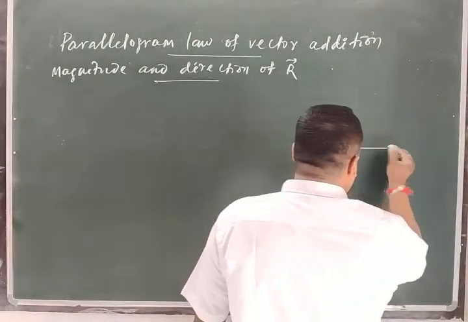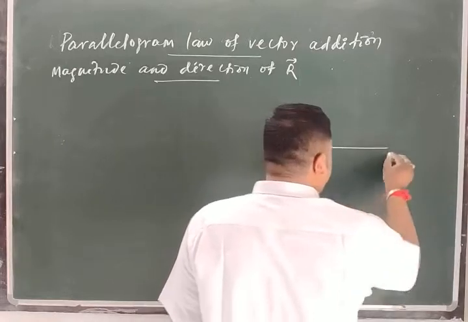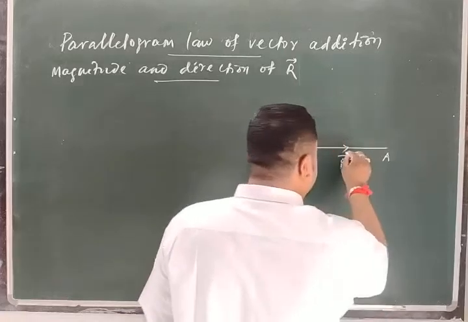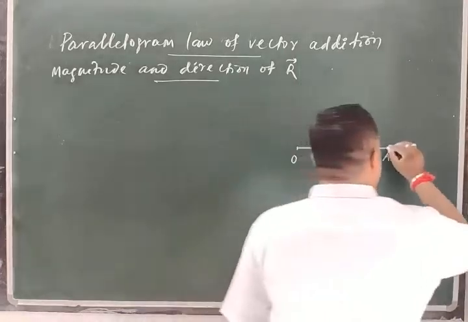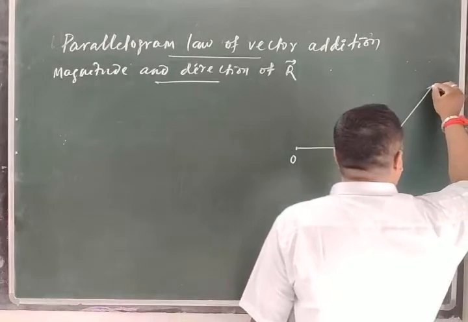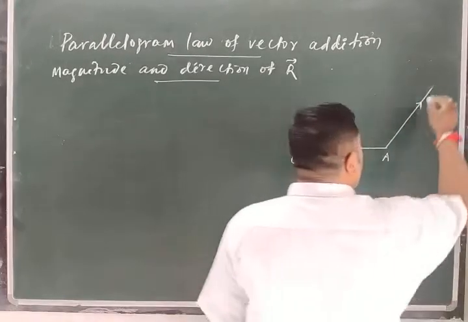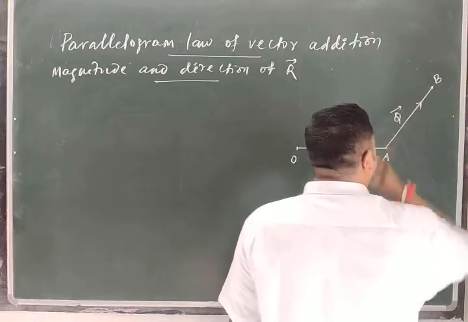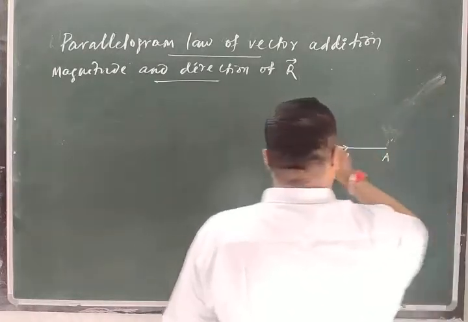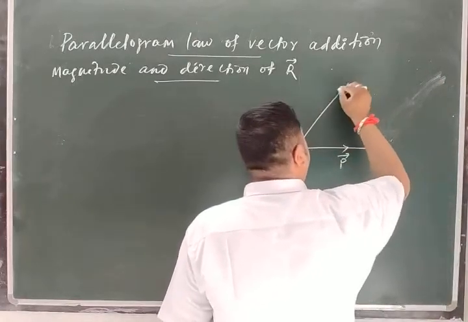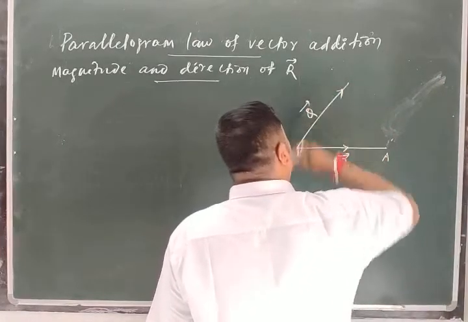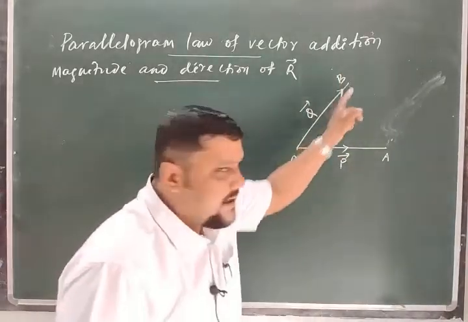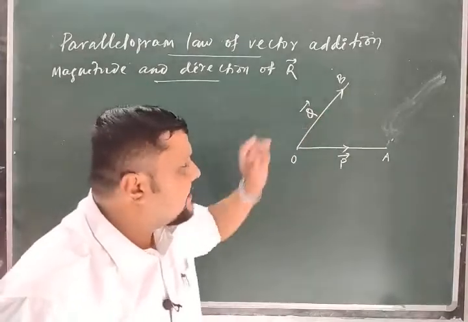Let vector OA be represented by the vector P and another vector OB be represented by Q. Sorry, not like this. So first we will say the parallelogram OB. So OA and OB are represented by the vectors P and Q.